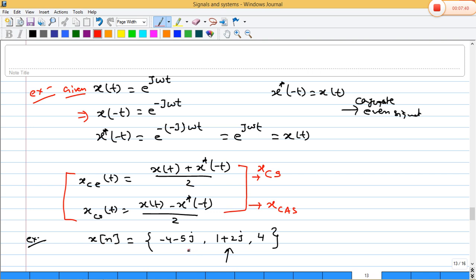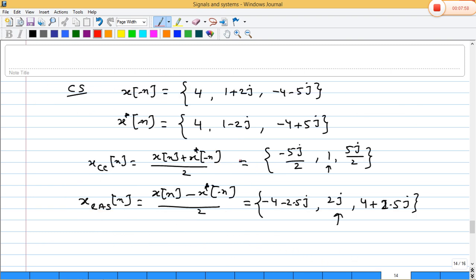Now take another example in a discrete-time signal. Here x[n] is given: x[0] is 1 plus 2j, x[1] is equal to 4, x[-1] is equal to -4 minus 5j. We have to find x[-n]: just reverse or mirror image along the 0 position, and for the conjugate, j is replaced by minus j.